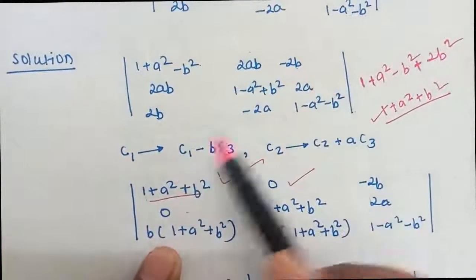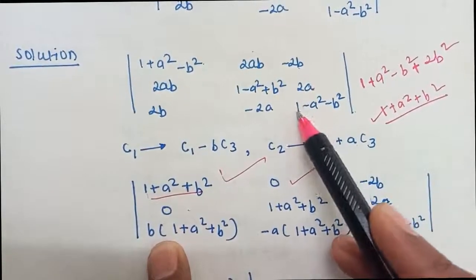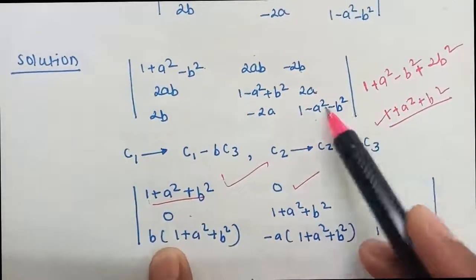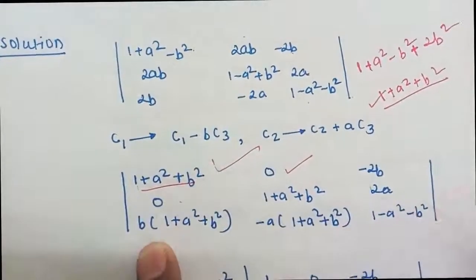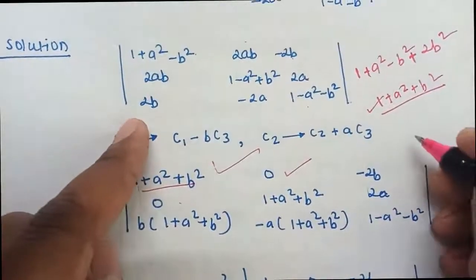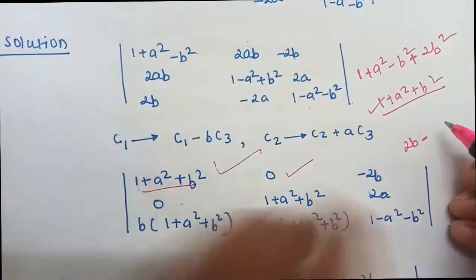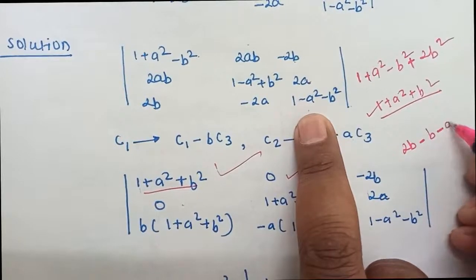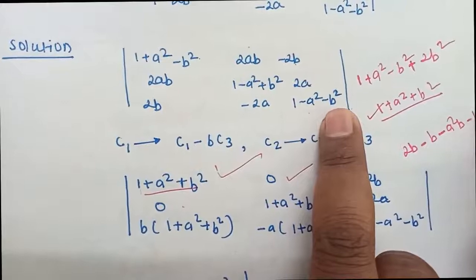Next is 2b. First we have to multiply by b here, so after multiplying by b, it will come b minus a square b minus b cube, and this I have to subtract from 2b. So ultimately I will get 2b minus, multiplying the b here, b minus a square b minus b cube.